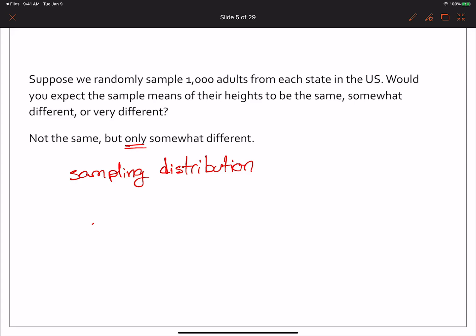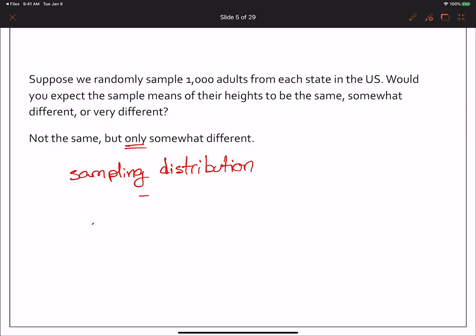We're not looking at one sample, which is what we've been doing up till now. Here, we're taking more than one sample: 50 samples, 100 samples, as many samples as we can. And we're comparing the descriptive statistics about each of those samples.